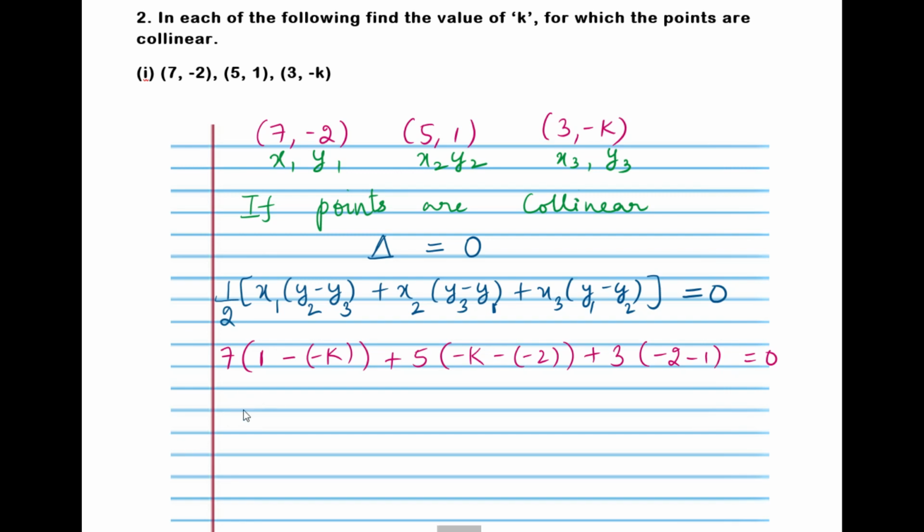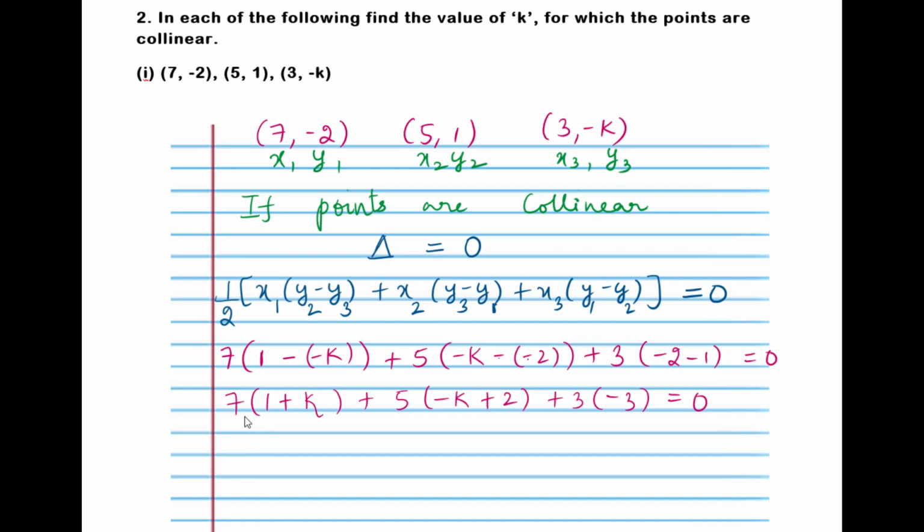Now 7 into, minus into minus plus, therefore we get 1 plus k, plus 5 times minus k, minus into minus plus, we get plus 2, then 3 into minus 2 minus 1 is minus 3 equals 0.